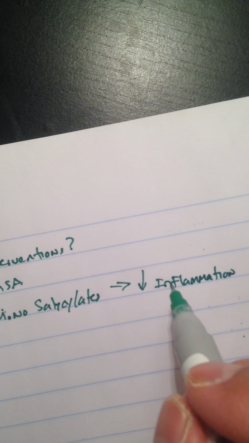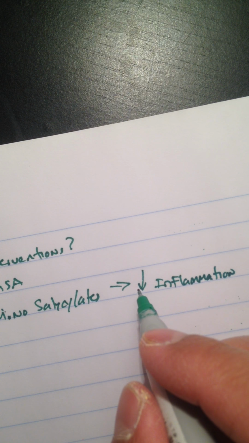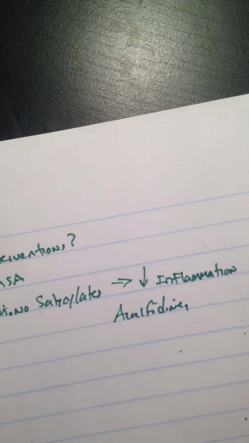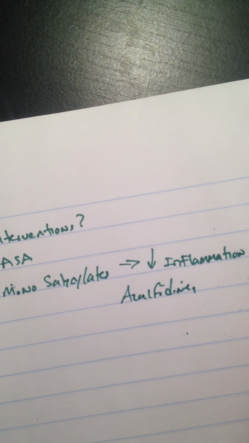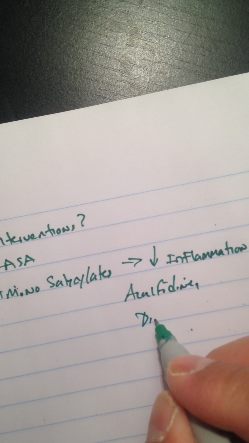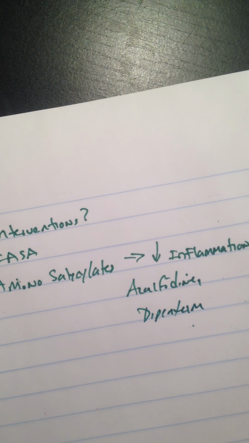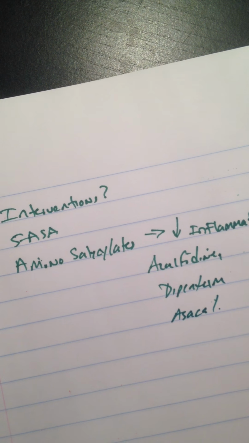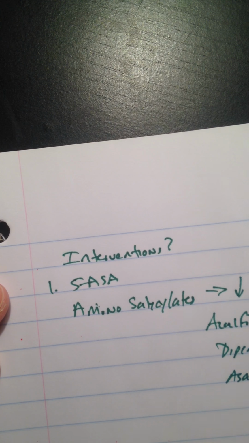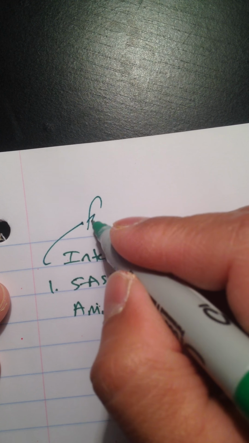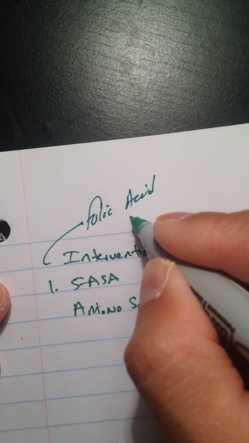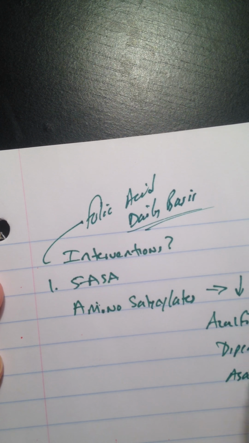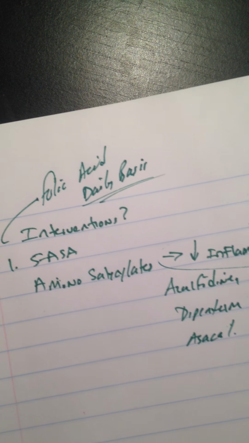Examples of these medications would be something like Azulfidine, Dipentum, and Asacol. Now with these patients, you also want to tell them to take folic acid on a daily basis. Again, these are to decrease inflammation.